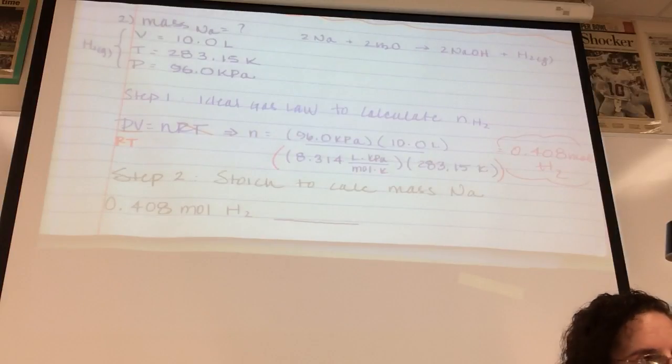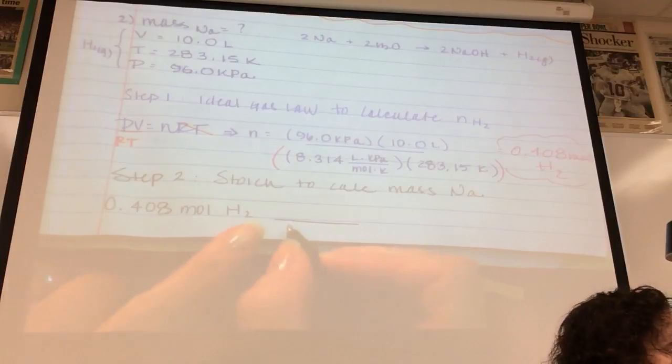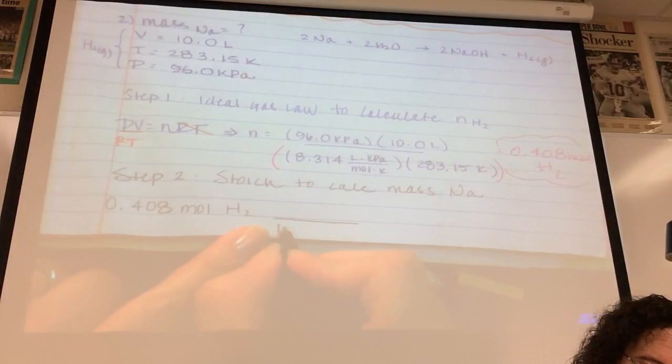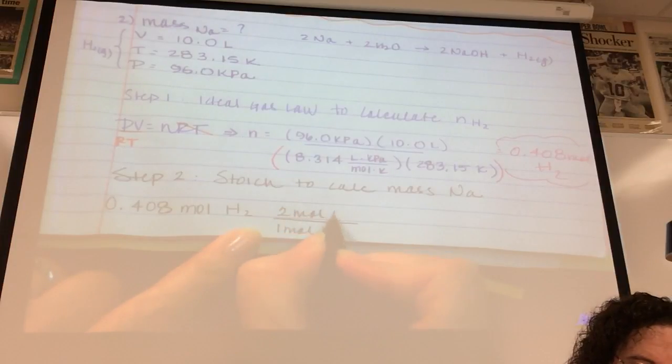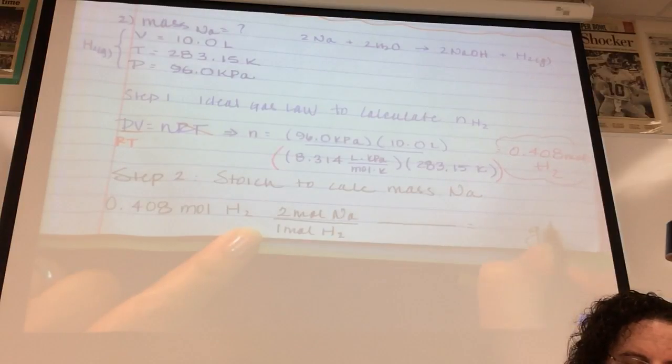Michael, what would be my next step? You would put the amount of moles in the equation for hydrogen gas on the bottom. You got it. So you're going to have 1 mole of hydrogen gas, and on top will be? 2 moles of sodium. And Josh, what's the last thing you're going to do to get the mass of the sodium?